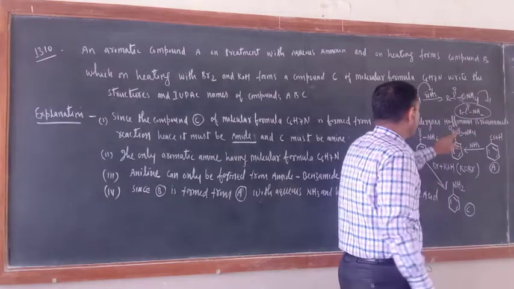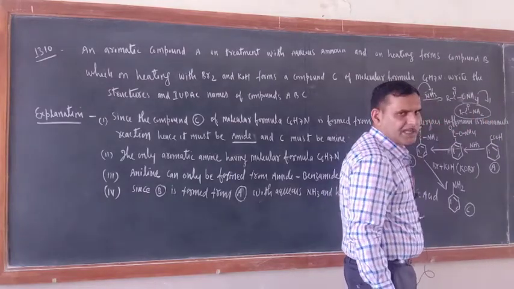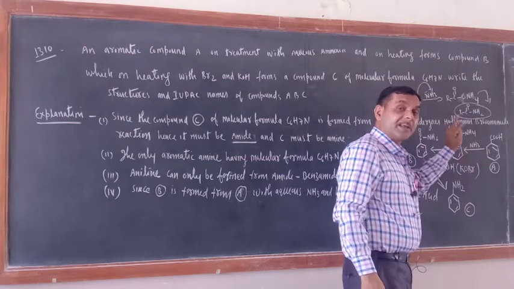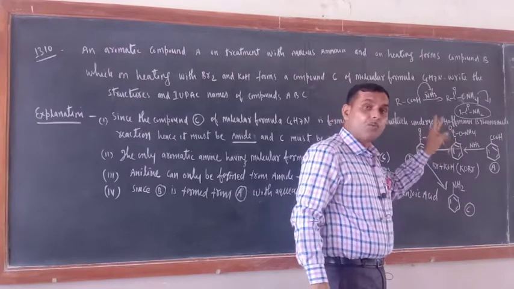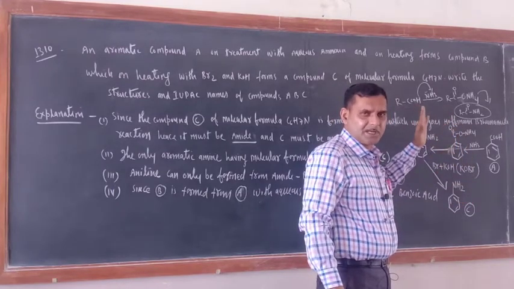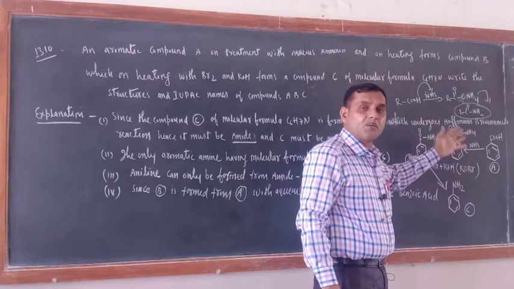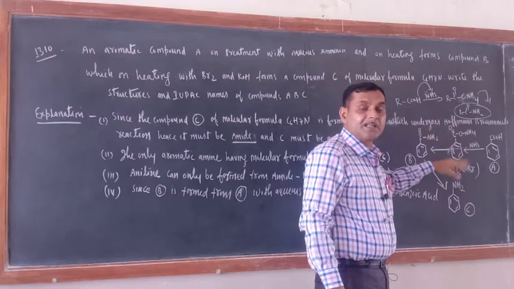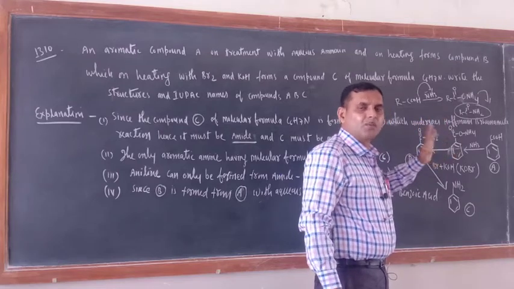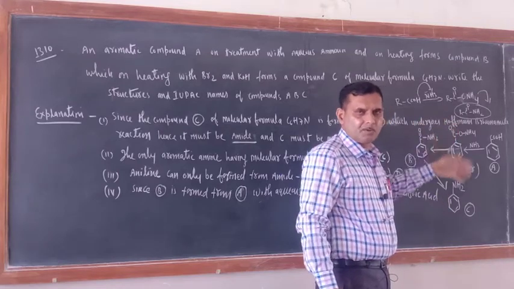This is an amide. So let it be an aliphatic carboxylic acid or an aromatic carboxylic acid, when they react with ammonia one intermediate product will form, that is ammonium carboxylate. If it is benzoic acid, then ammonium benzoate. If it is aliphatic, then ammonium alkanoate, like ammonium acetate, ammonium propionate.